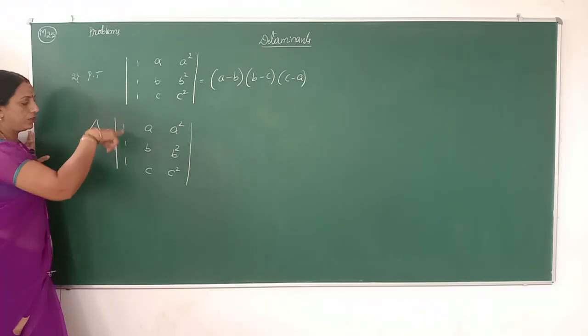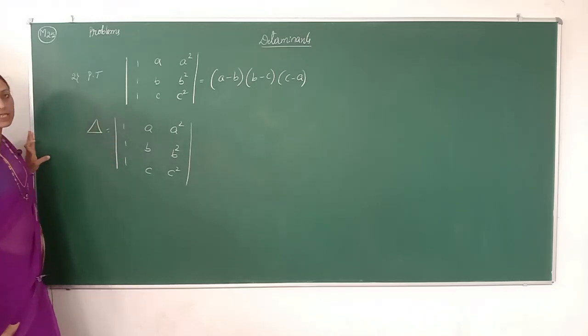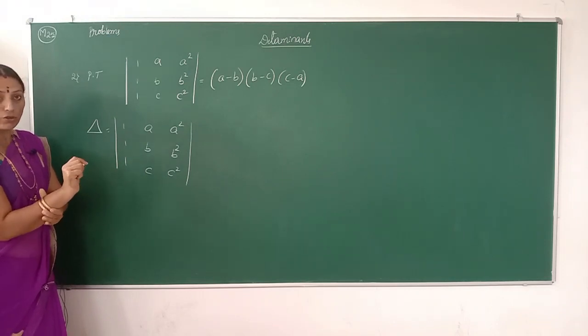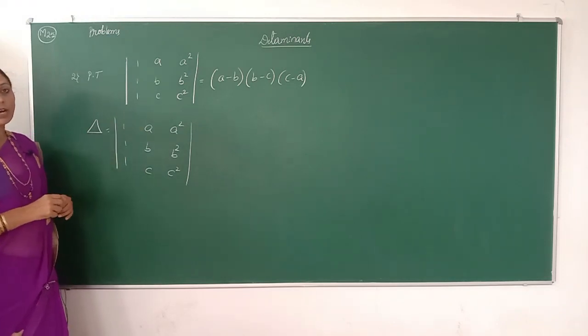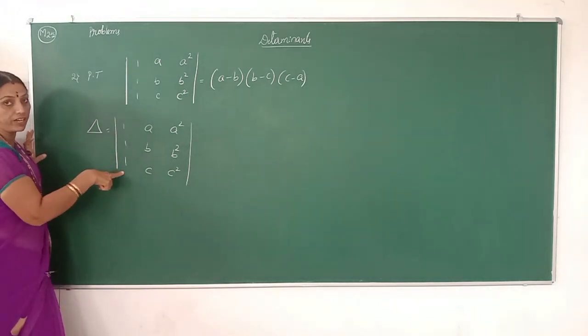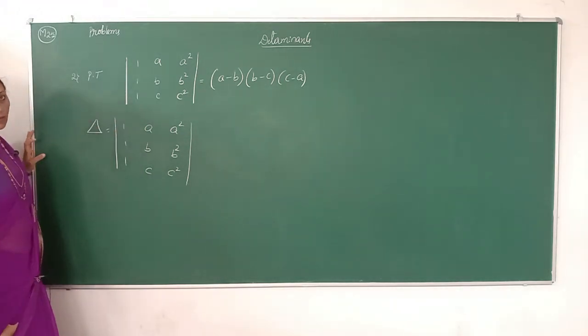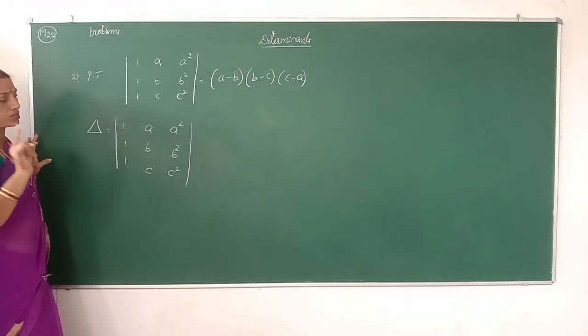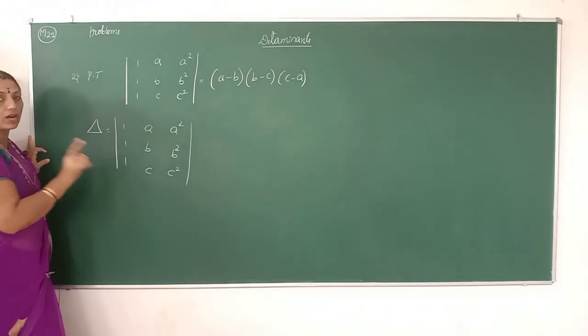Now, first we observe whether these 1s are in a row or in a column. If the elements are row-wise, we operate in the form of column operations. But if they are column-wise, we operate row-wise. Now one of the rows will be fixed, either the first row, the second row or the third row.